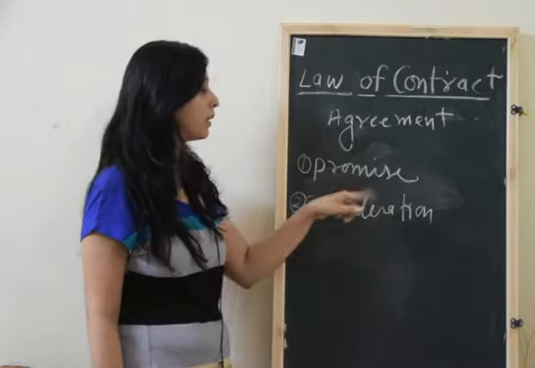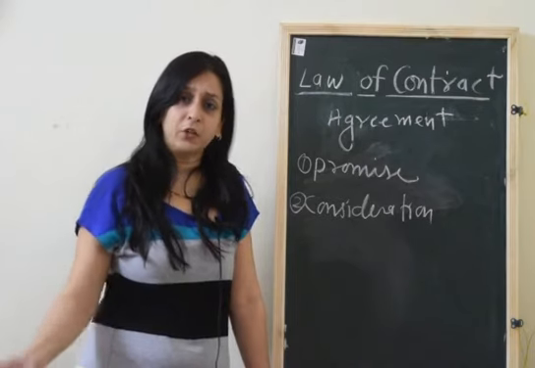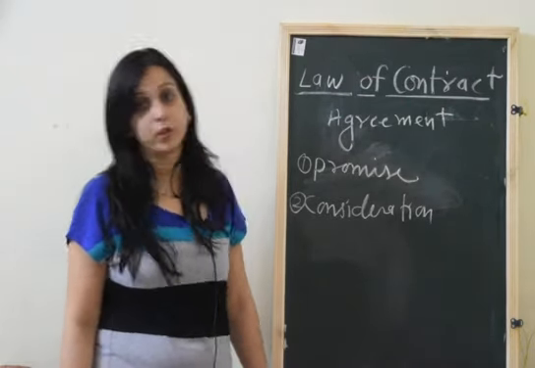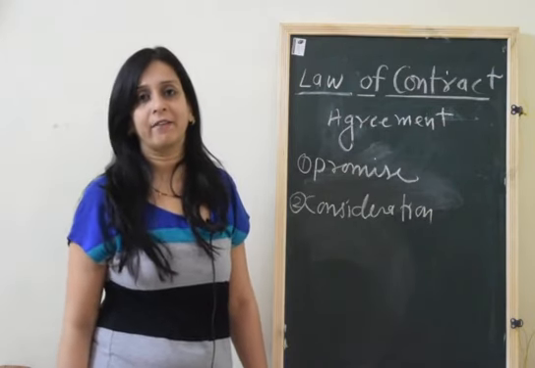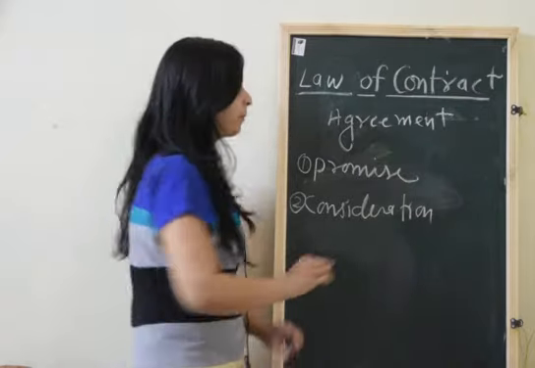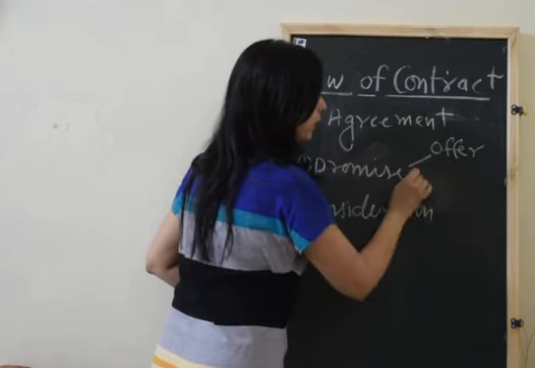Next question, what is a promise? We know what a promise is. We use this particular term various times in our life. Yeah, I promise you to do this. But in legal language, there are two things required for each and every promise. The first thing, there must be an offer.